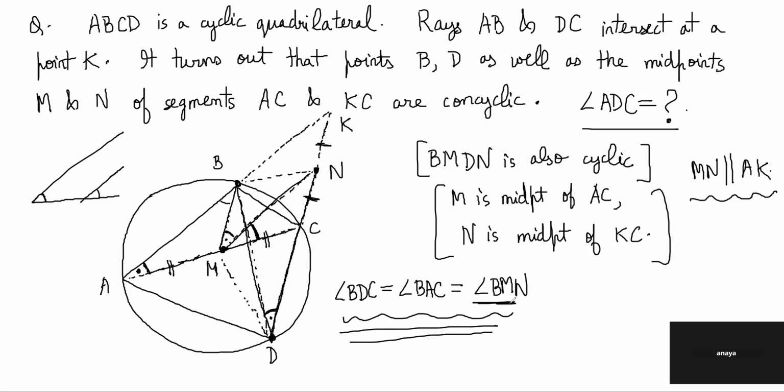BMN is supposed to be the same as BAC, which is supposed to be the same as BDC. Now we also have they are equal to angle ABM and also equal to angle CMN. So what extra things do we know now?